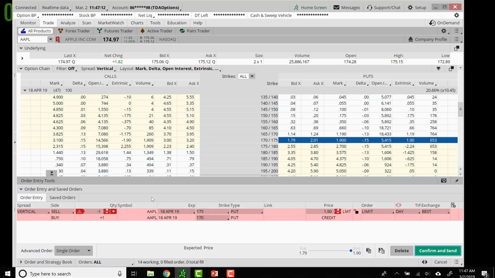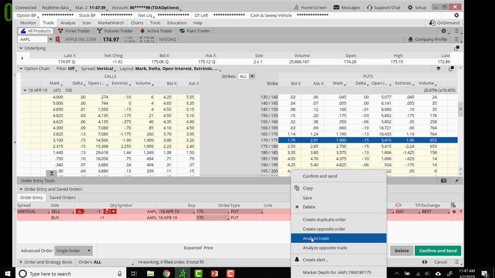In this case, this is a vertical put spread. I am selling, this is -1, a 175 put and buying back a 170 put. So the width of the spread is $5, 175 minus 170. The credit that I would receive if this trade gets executed at this price is $1.90.